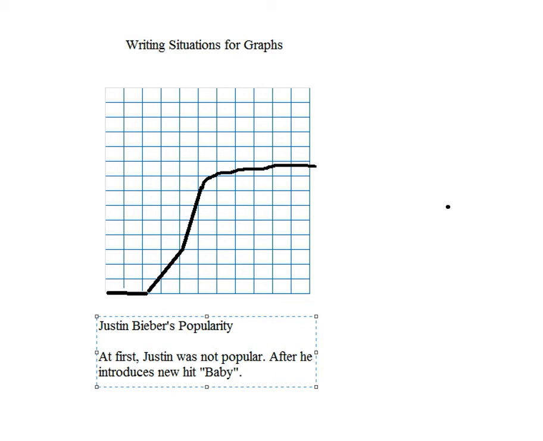And then his popularity increases even more steeply, as the graph shows. At this point we can say that Bieber was praised for his talent at music by the president, right?